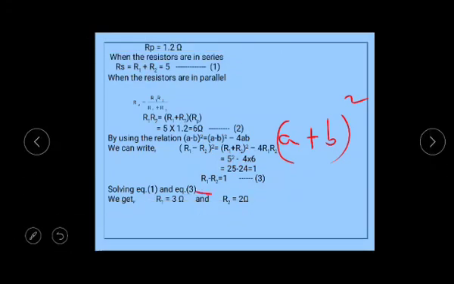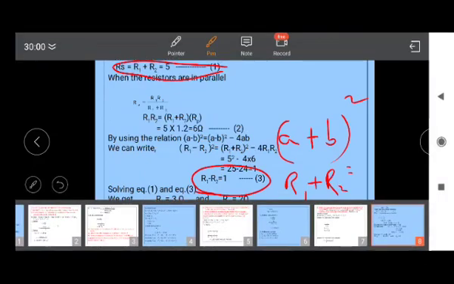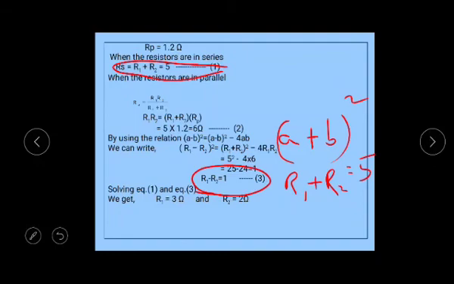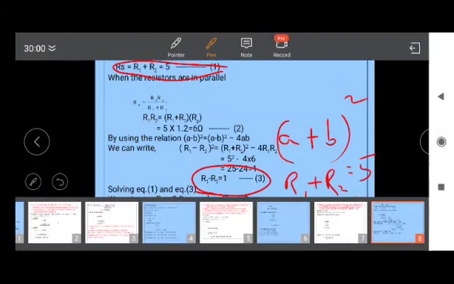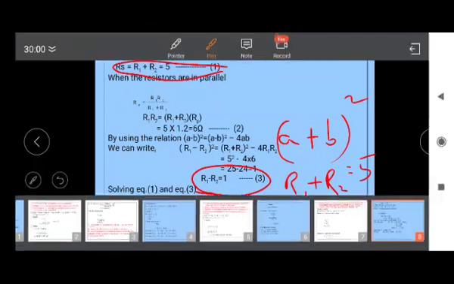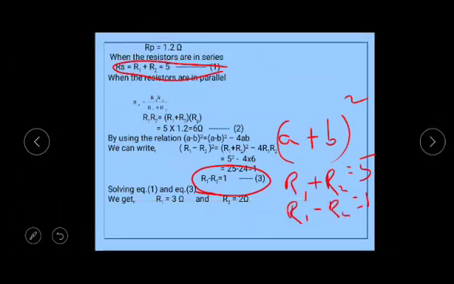Here when you solve equation 3 and equation 1 simultaneously, you will get R1 plus R2 is equal to 5, R1 minus R2 is equal to 1. This gets cancelled.